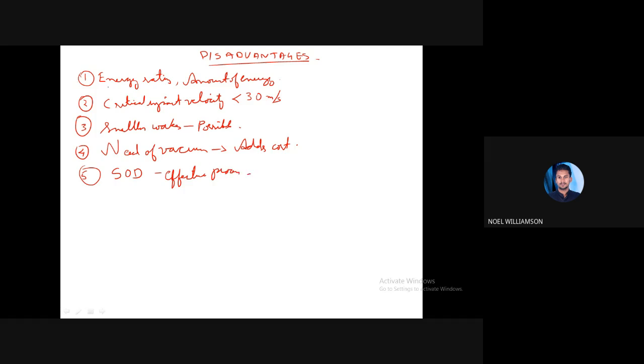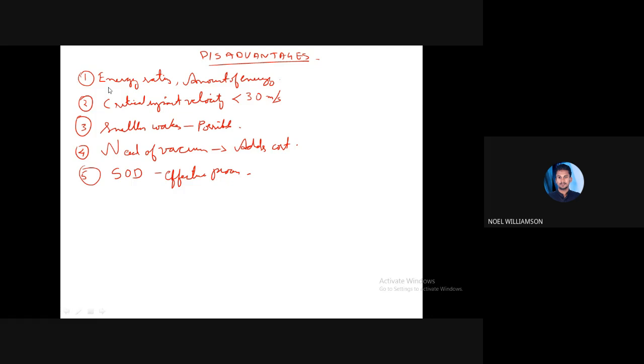So these are the main disadvantages while using electro-hydraulic forming or electro spark forming. First of all, we have seen the main thing regarding the energy rating and amount of energy required. Then we have seen the materials which have a critical impact velocity of less than 30 meters per second.